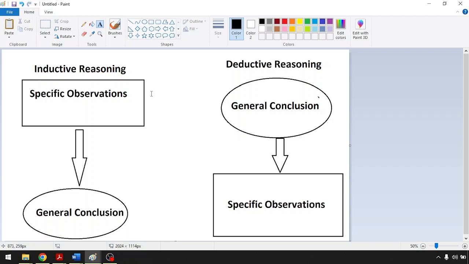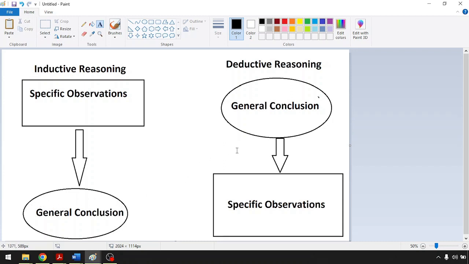For example, if we were to pick up 20 cats of a specific breed and we check that each cat has 10 teeth, and so, based on that observation, if we can test that observation statistically, we can actually construct a general conclusion about the cats and say that generally the XYZ breed cats have 10 teeth.